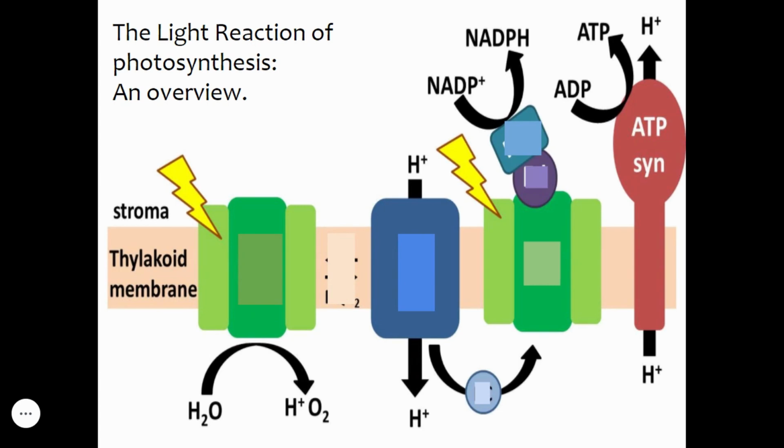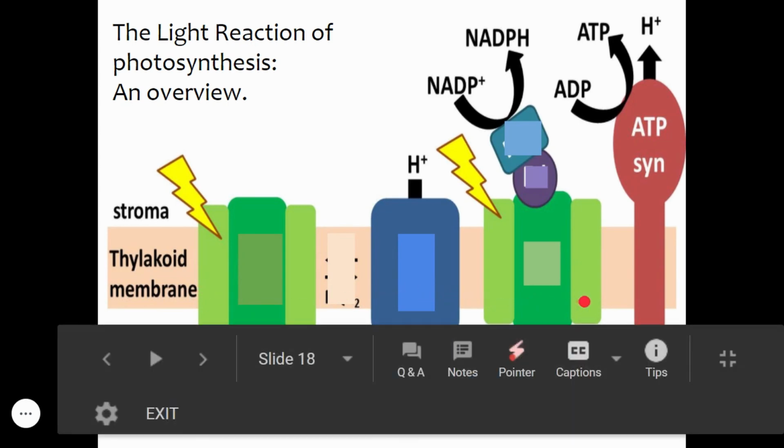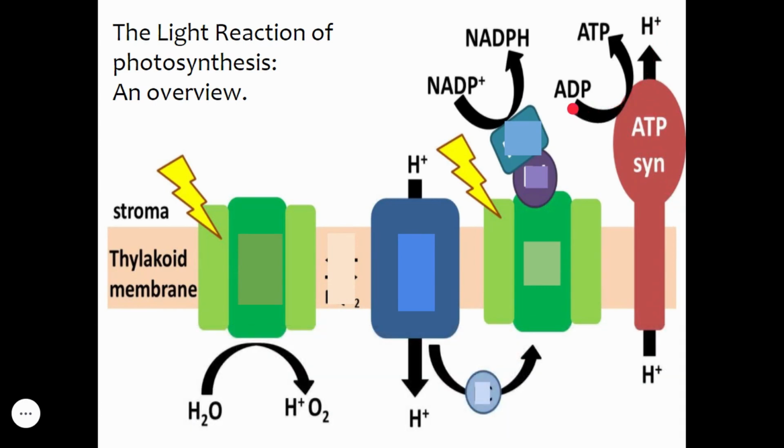Now, the hydrogen is going to move all around, but the most important movement of hydrogen is over here. The hydrogen is going to move through ATP synthase, and it's going to make ATP. We're also going to make NADPH. Okay?